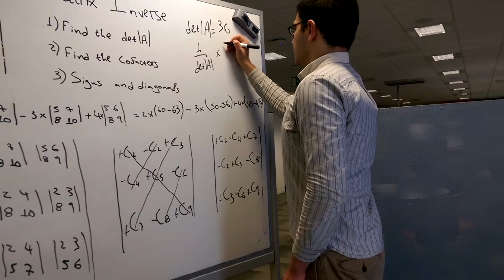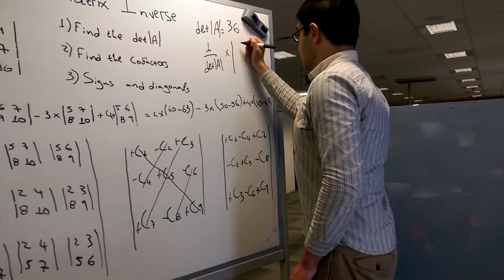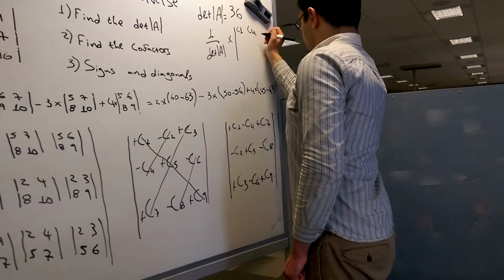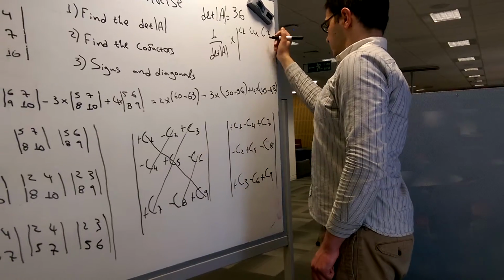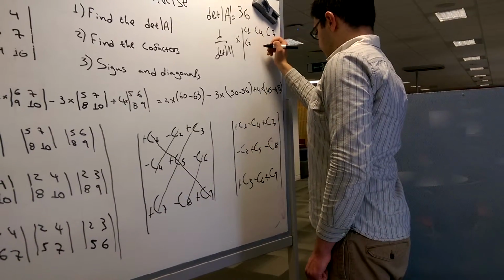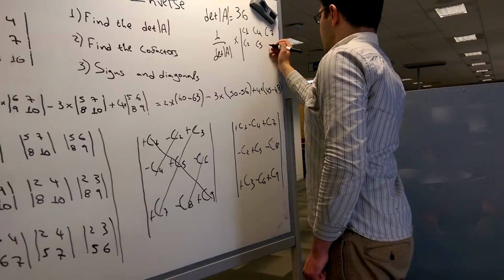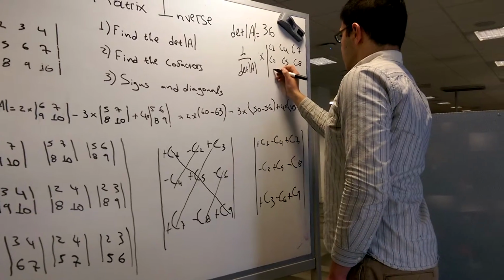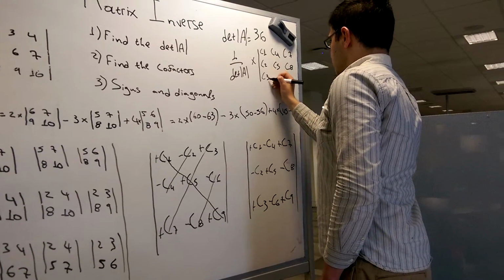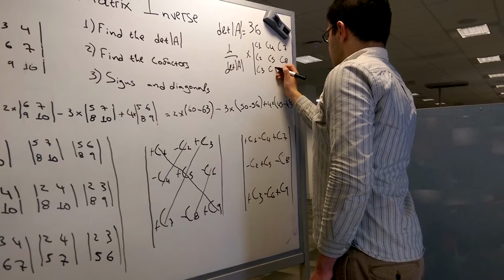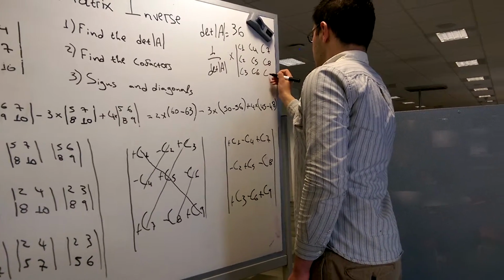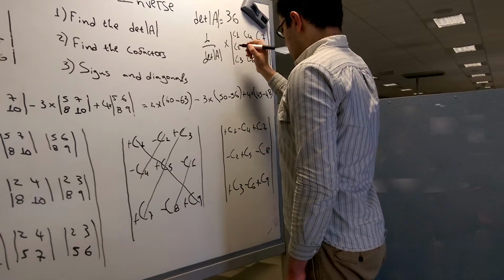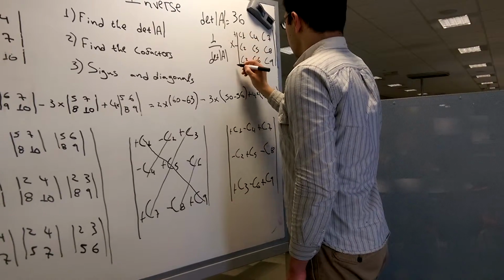So it's going to be 1 over the determinant times C1, C4, C7, C2, C5, C8, C3, C6, and C9, and of course you keep your signs.